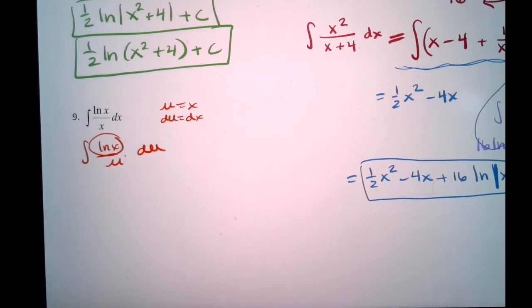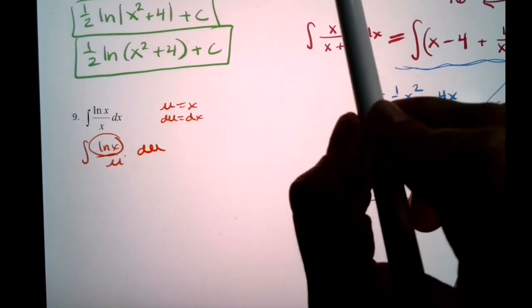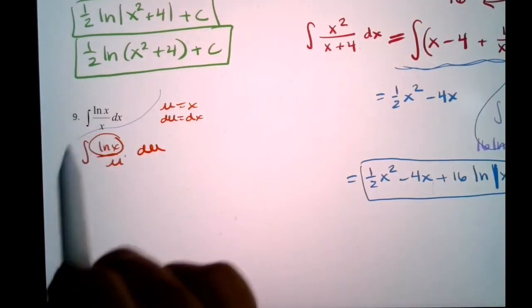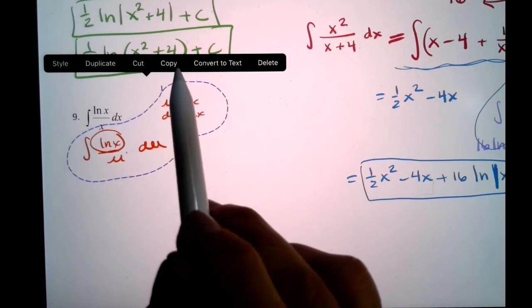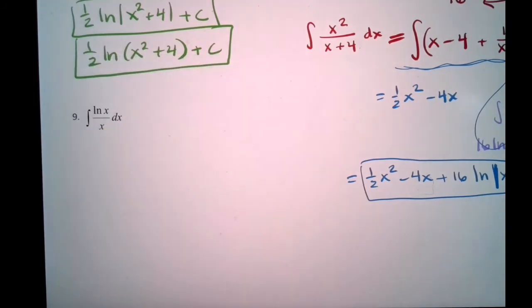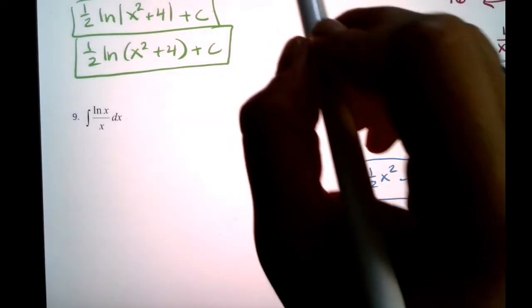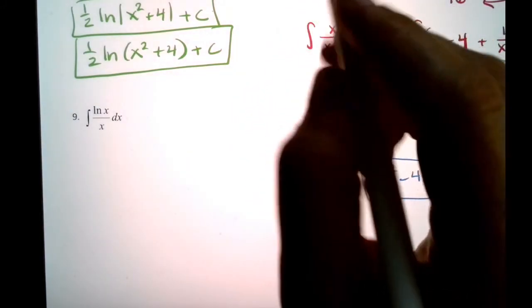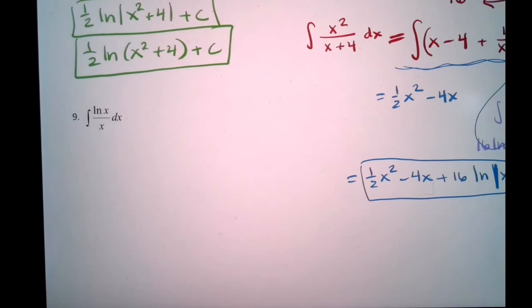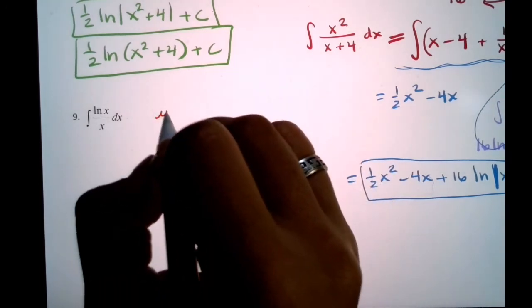But what I want to point out here is you know the derivative of the natural log very well, and let's just capitalize on that. I'm going to make the argument that if your integral involves a natural log, I'm actually going to let that be the u substitution. I know that's kind of a little detour from what I've been saying.